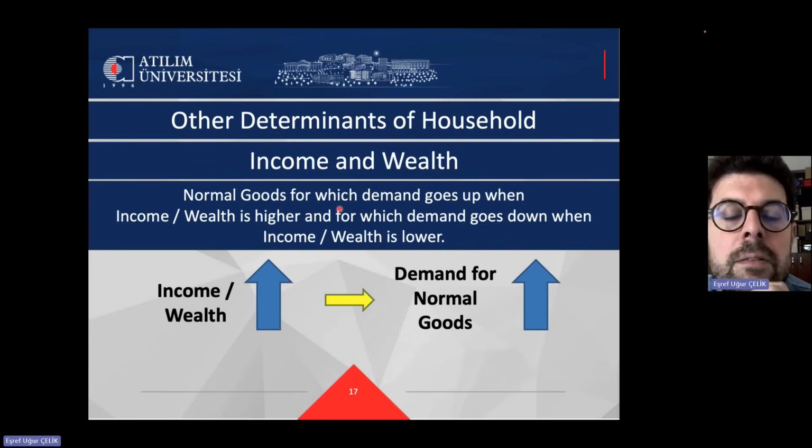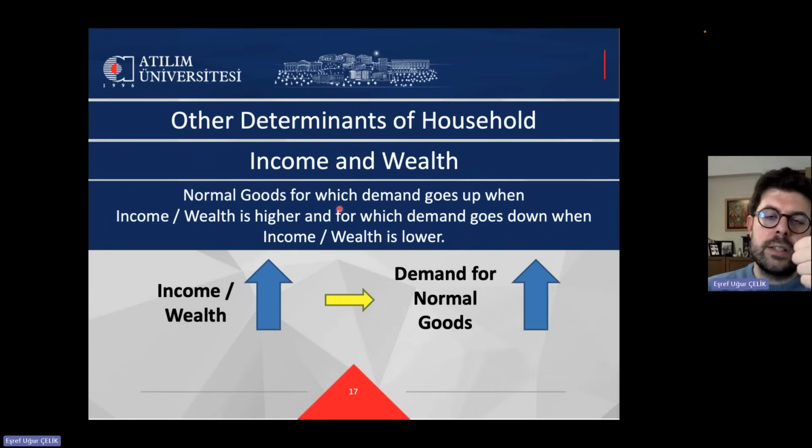What does it mean? When your income or wealth increases, there is a positive change in demand. So if income or wealth increases, demand increases. If you see that relationship, you can call these types of goods normal goods.